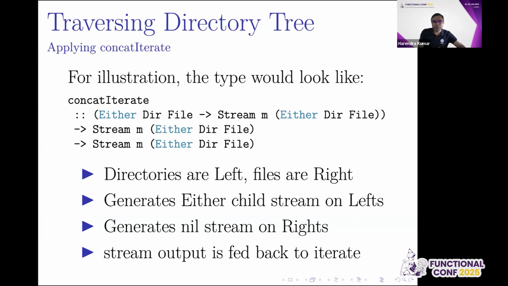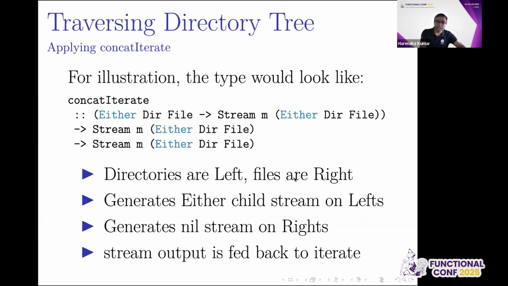So let's apply concat iterate to our directory traversal problem. For illustration, we'll use a more concrete type here, where the function is taking either dir or file, and it's generating a stream of either dir or file again.